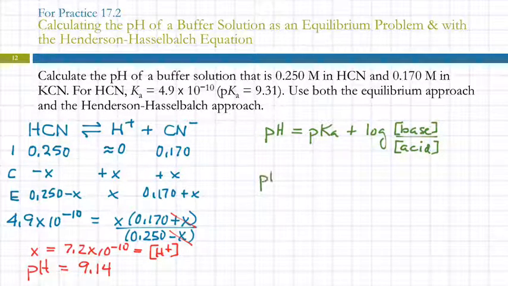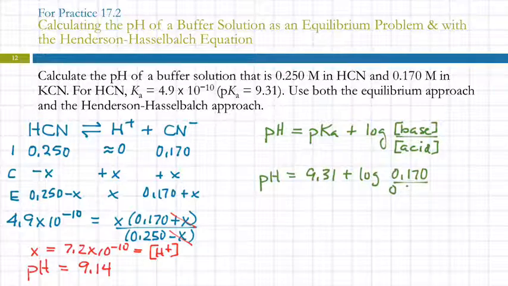So pH is going to equal pKa, which is 9.31, plus the log of the base concentration, 0.17, divided by the acid concentration. We've got 9.31 plus base 10 log of 0.17 divided by 0.25. What do you know? Same answer.